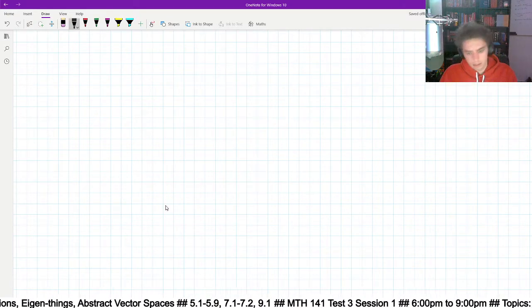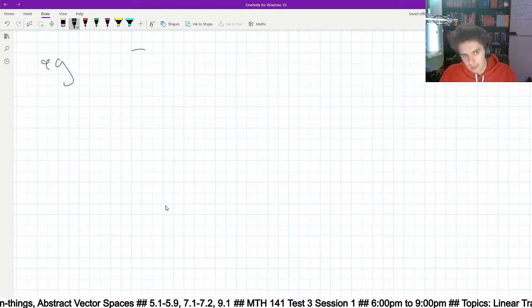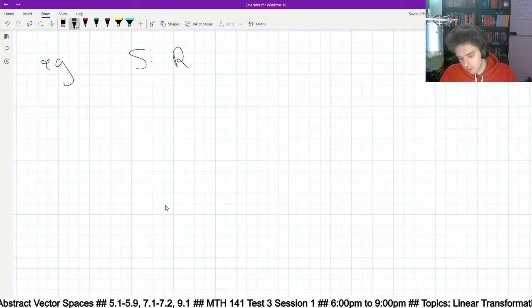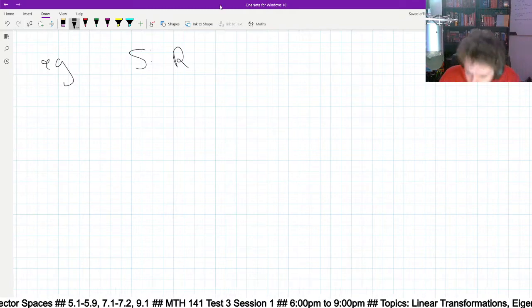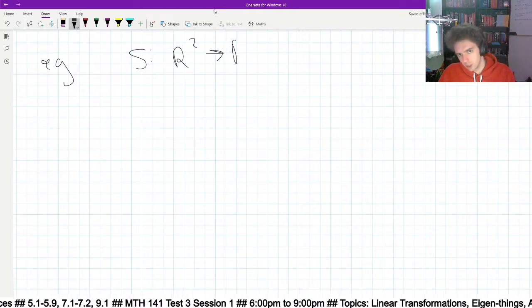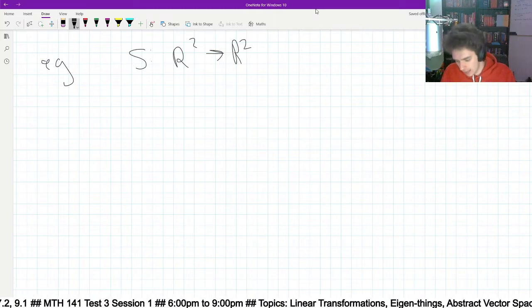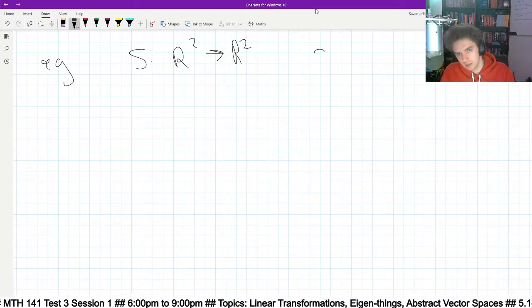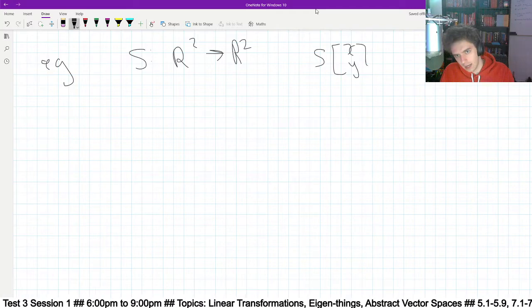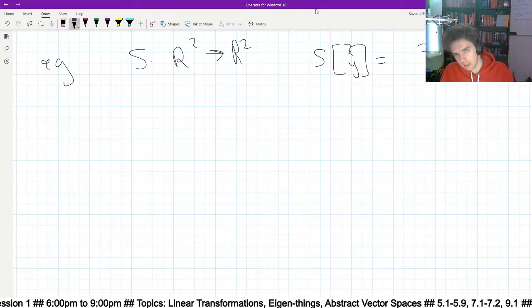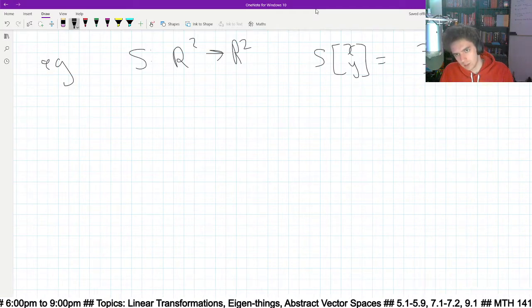So here's our example. S is a transformation from R2 to R2, defined like this: S of (x, y) is equal to (x plus y, x minus y).